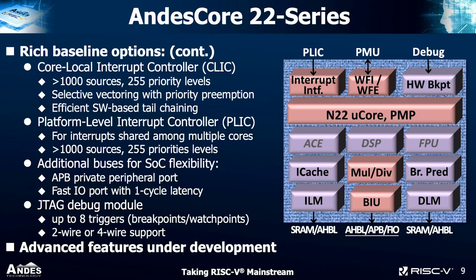And also for SoC flexibility, we support additional interfaces on the SoC. It has an APB-based private peripheral port, and also a fast I/O port with single-cycle latency. And a standard JEDEC debug module with up to 8 triggers, and also support for both 4-wire and 2-wire. And 2-wire is very important for entry-level MCU, where pin count is a testing cost.